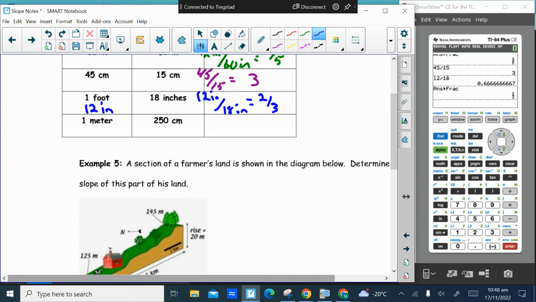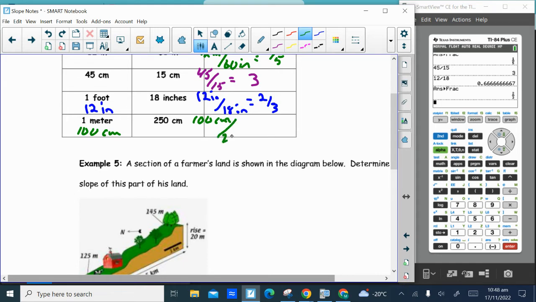And the last one, again, they're not in the same unit. The rise is in meters, but the run is in centimeters. So you're going to have to convert, and 1 meter is 100 centimeters. So we'll have a rise of 100 centimeters divided by a run of 250 centimeters.